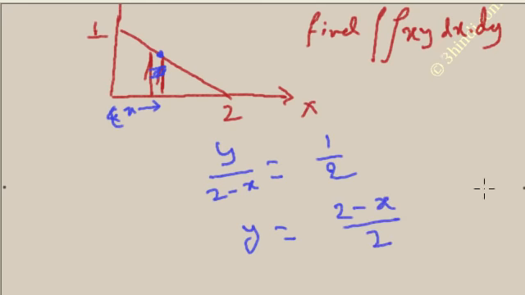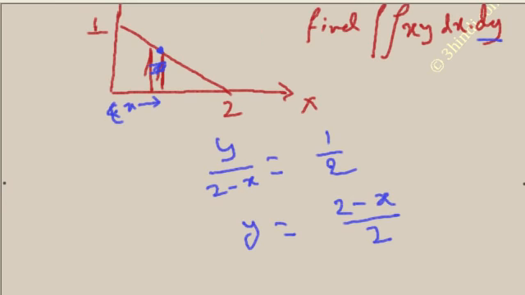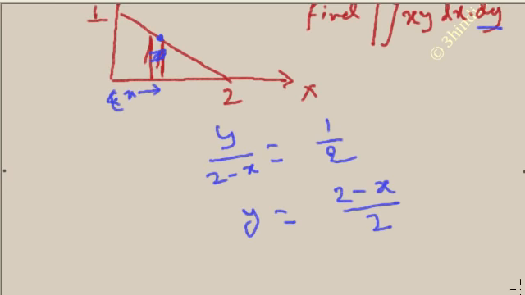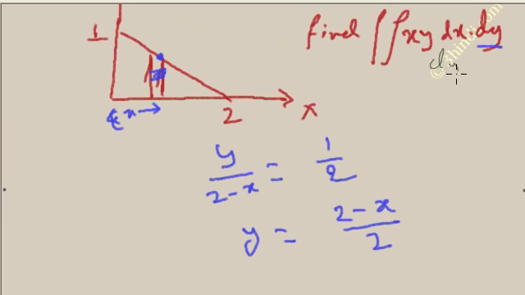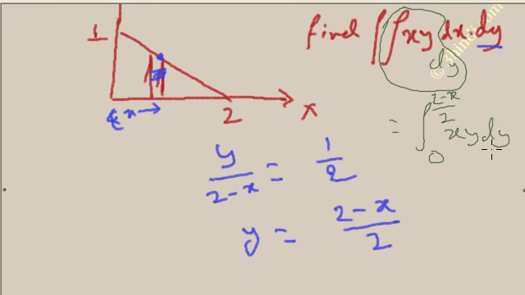So for finding the double integration, you take dy first, because x is constant and the only variable changing is y. So you should integrate this first. So this is equal to the integration from 0 to 2 minus x of 2xy dy, and you treat x as constant.